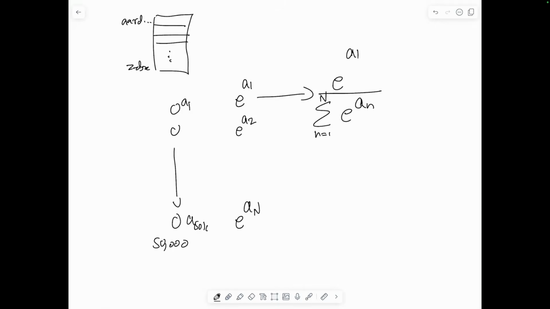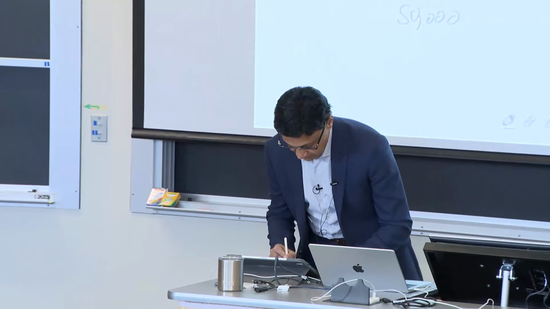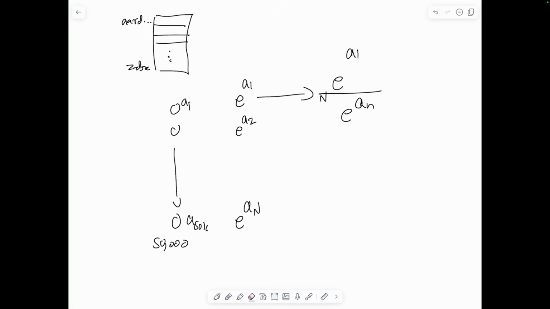I'm just refreshing your memory from a few weeks ago. Now what temperature does is that it introduces a new parameter here called temperature, which is that we divide everything here by T.